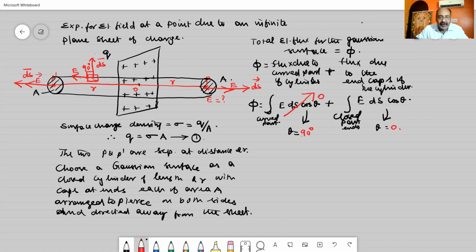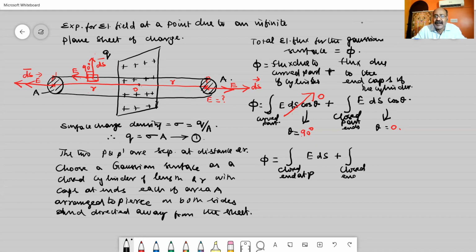So I can write the flux available is equal to the integral over the closed end at P, given by E into ds, plus on the other side the closed integral over the end at P dash, again E into ds, because the closed ends are of two parts.